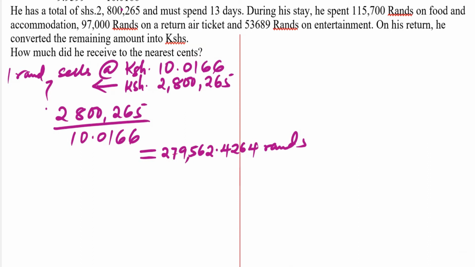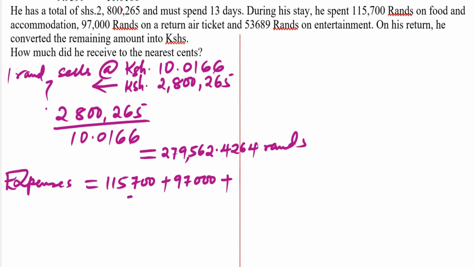Now then, the person spent, there are some expenses that he incurred. So let us add all the expenses. There is 115,700. Then there is 97,000, and then there is the return ticket, which is 53,689.